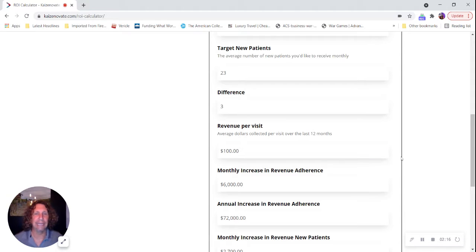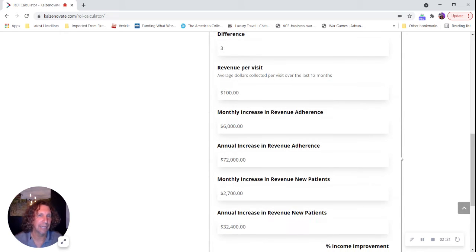We can see from this calculation that if we increase adherence, and again, this is an ROI calculator, if we increase adherence by 3, we have a monthly increase in revenue of $6,000, which yields a $72,000 increase in revenue annually.